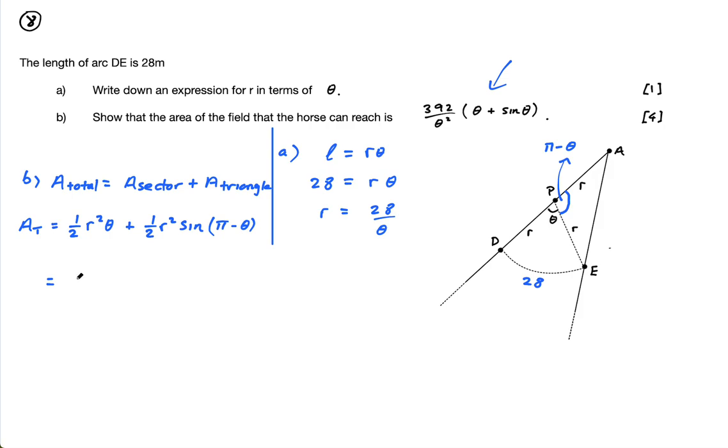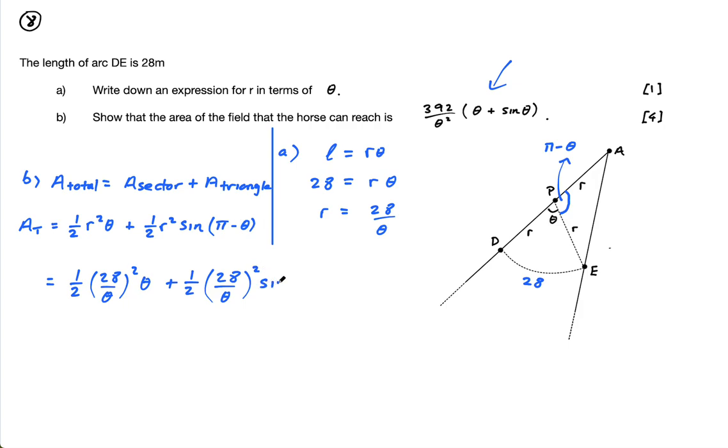So I have a half, 28 over theta squared, times theta, plus a half, 28 over theta squared, times sine of pi minus theta.